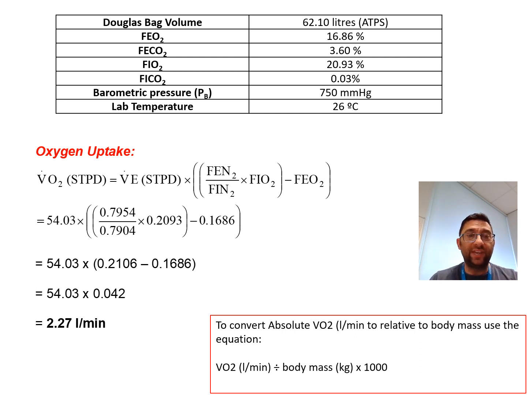We know that VE is 54.03 litres per minute because we just calculated it on the last slide. So work out this bit first: fraction of expired nitrogen. If we take these percentages, 16.84 and 3.60, away from 100%, that leaves us with 79.54%, as a fraction 0.7954.